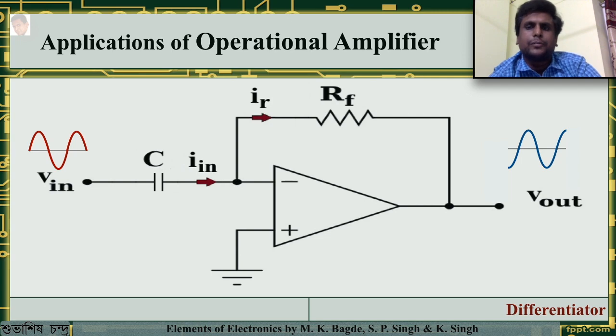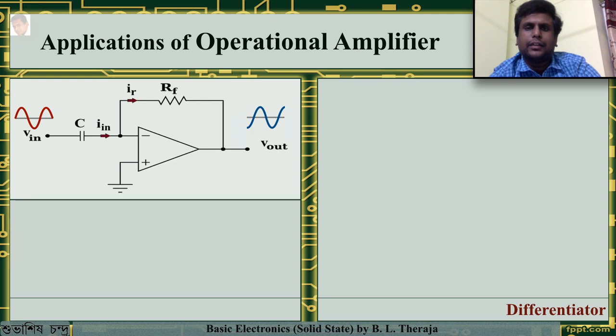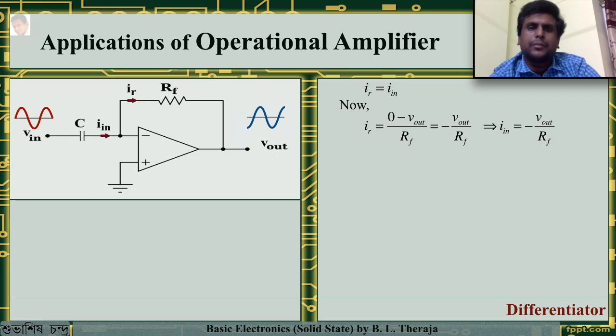Let us look into the mathematical expression. Again, In is equal to IR. The current IR through the resistor Rf is nothing but minus Vout by Rf. The charge on the capacitor Q is nothing but C into the input voltage.